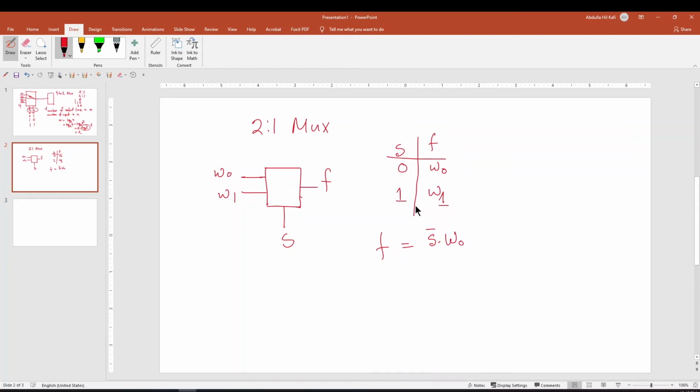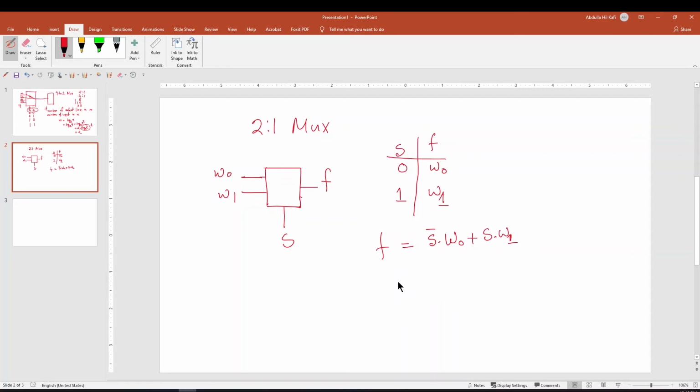Or F will be, when S is 1, that means S, and W1 is ANDed with this S, then we'll get W1 at this output. So from this we can derive the circuit.